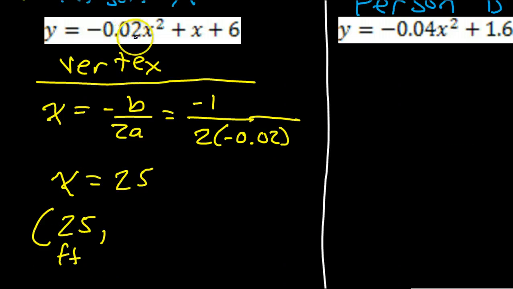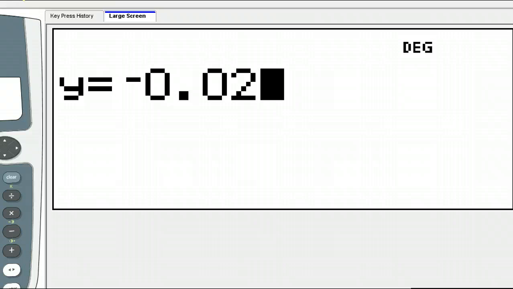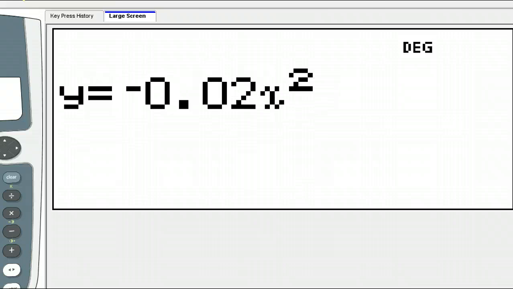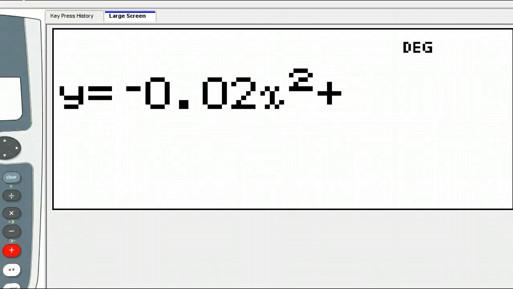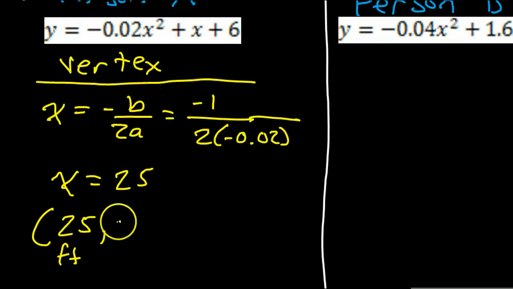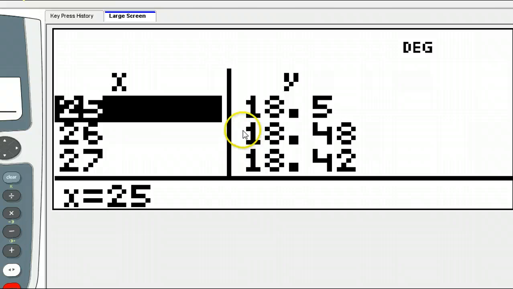So it's negative 0.02 x squared plus x plus 6. Okay, I'm going to start at 25 because that's what I want the value of. Okay, so at a horizontal distance of 25 feet, I'm looking at a height of 18.5 feet.